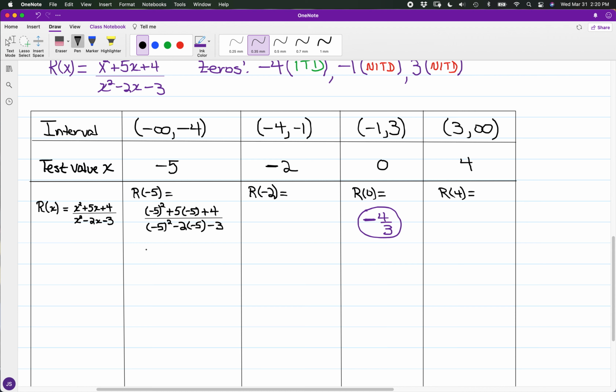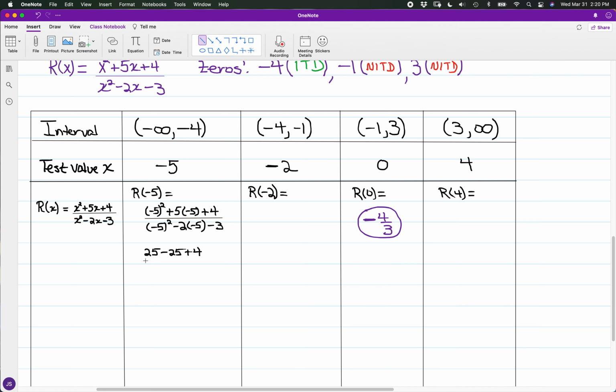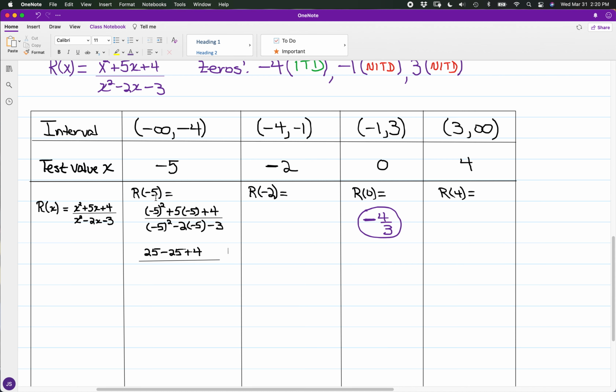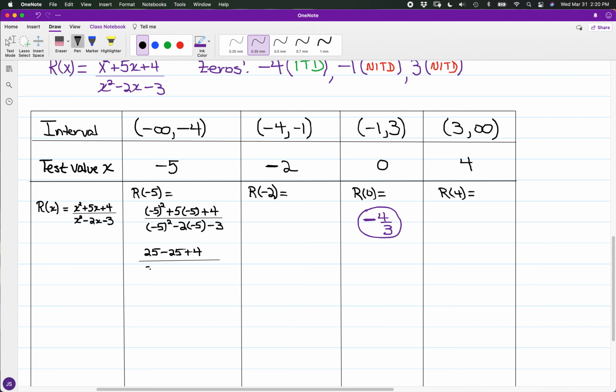The square of -5 is 25. 5 times -5 is -25, followed by the addition of 4. In the denominator, -5 squared is 25, -2 times -5 is a positive 10, and then we have -3.